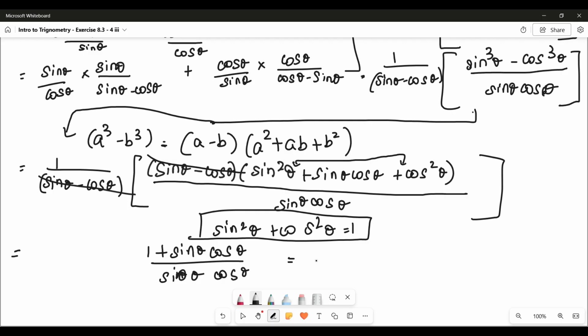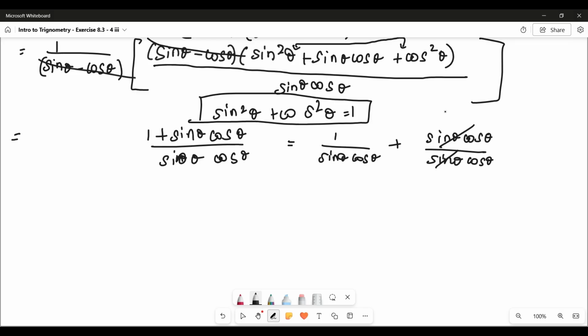Now I'll split the terms in the numerator into two different terms. This becomes 1 over sin theta cos theta plus sin theta cos theta over sin theta cos theta. This second term gets cancelled and becomes 1. Now the final step, we're almost there.